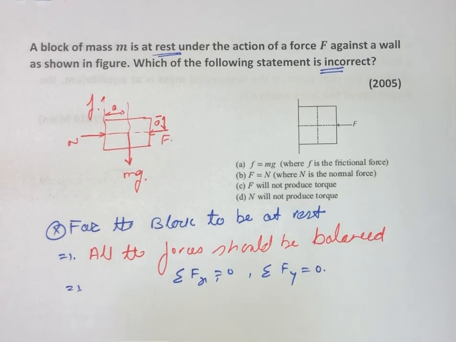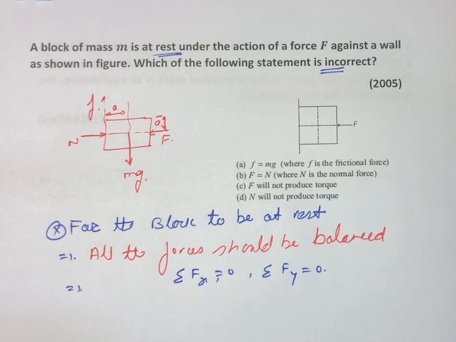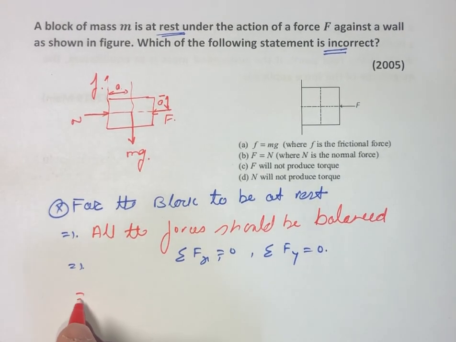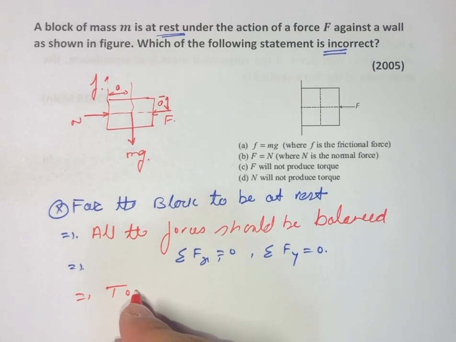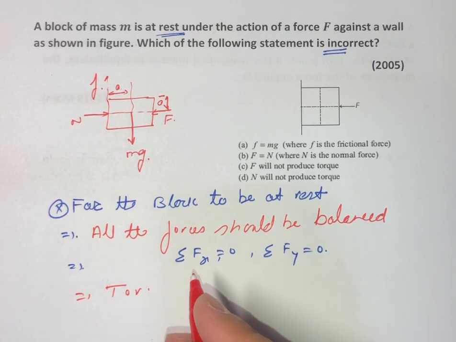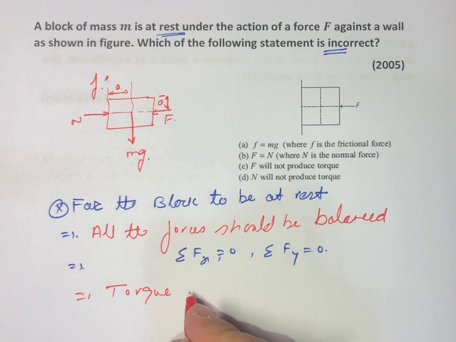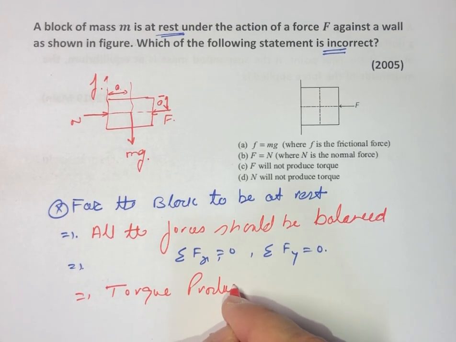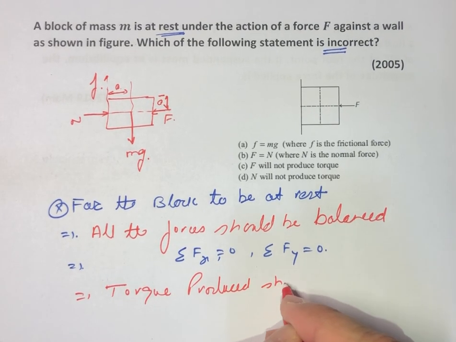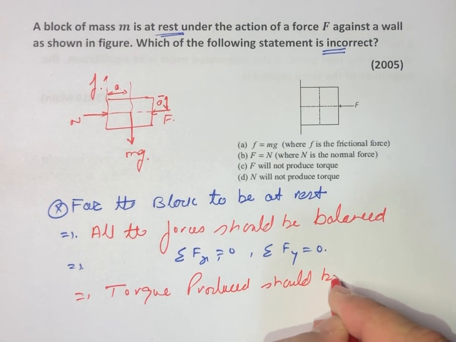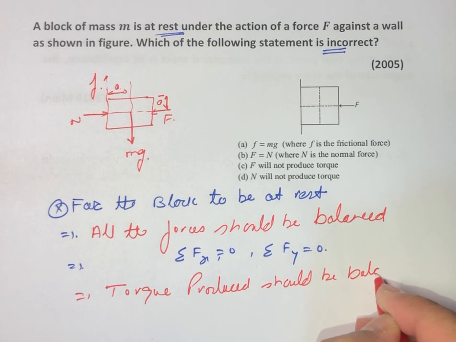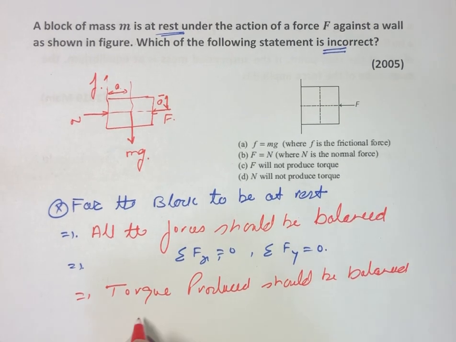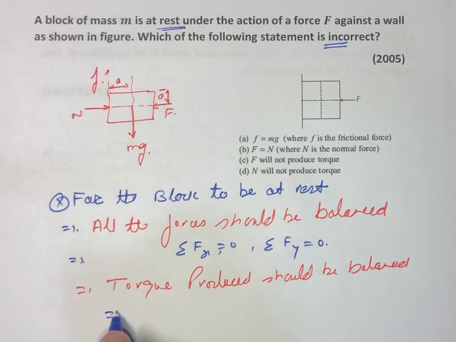Secondly, the torque produced should also be balanced, so the summation of the torque should also be equal to 0.